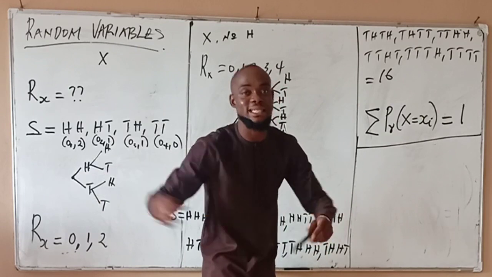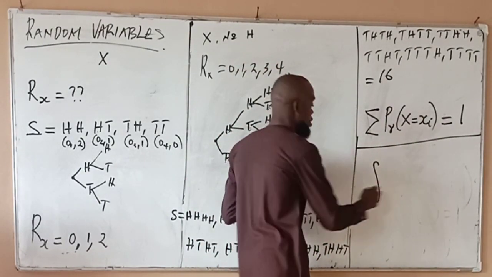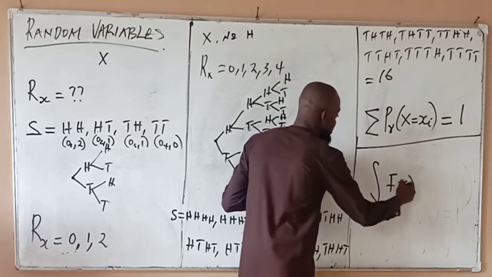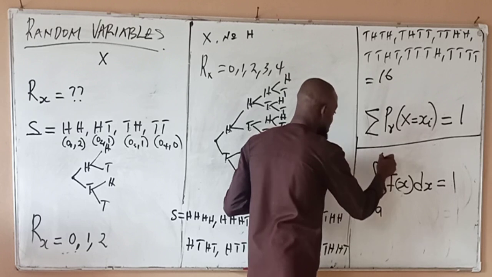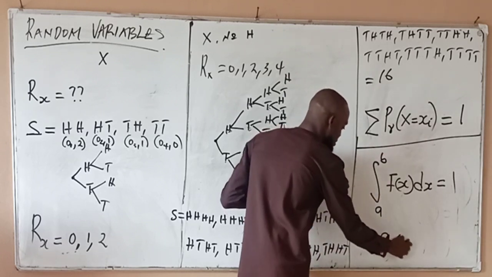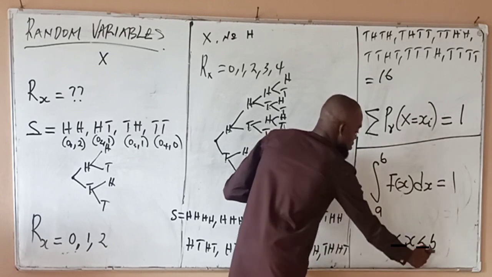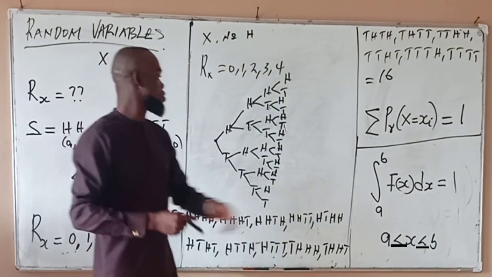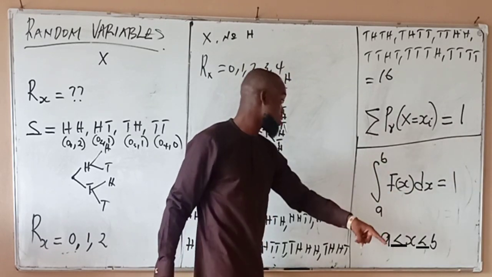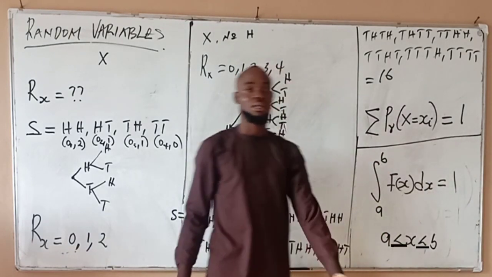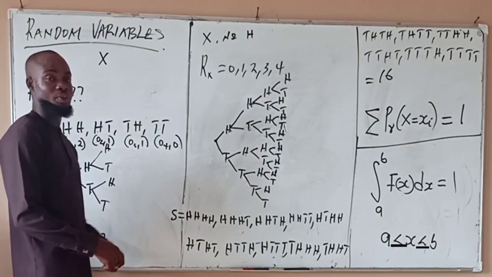Therefore, we say X is a continuous random variable if the integral of the function of x dx is equal to 1 between the interval a to b, for a less than x less than b. If the integration of this function of x dx is equal to 1, then we say this X is a continuous random variable.